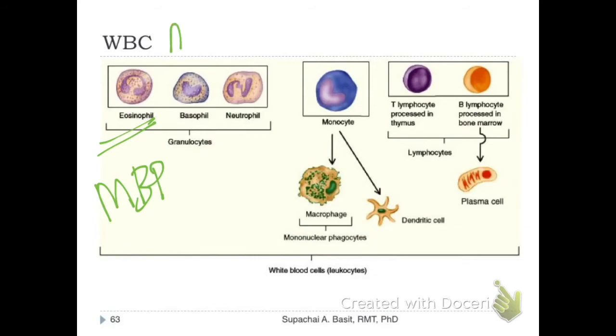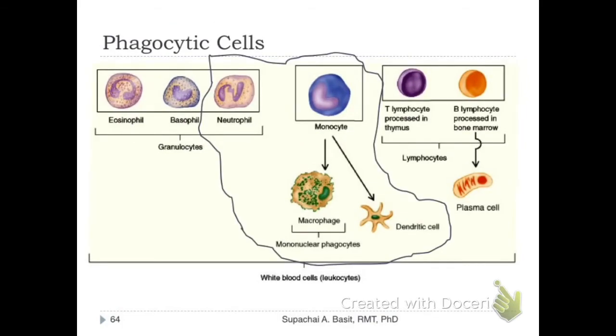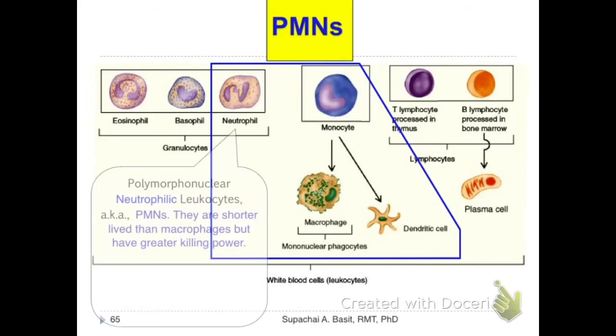The basophil could eventually become a mast cell, which contains mediators for allergic reaction. Neutrophil, monocytes, these are what? Phagocytic cells. Monocytes are the macrophages. And then the T lymphocytes and B lymphocytes. So, the phagocytic cells are the neutrophils and the monocytes or the macrophages.